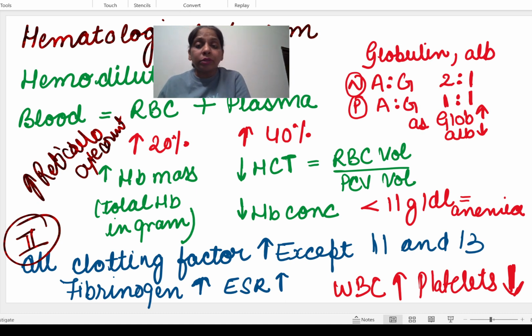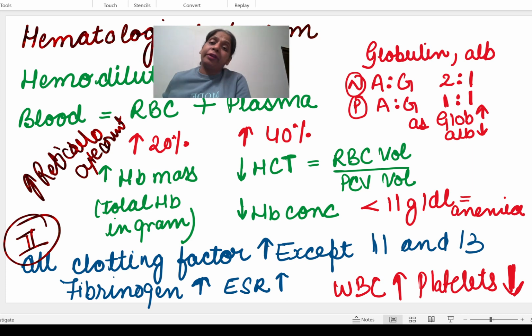Let us talk about the globulin and albumin, or the proteins. In the hematological system, the RBCs increase, but the HB concentration decreases due to hemodilution.